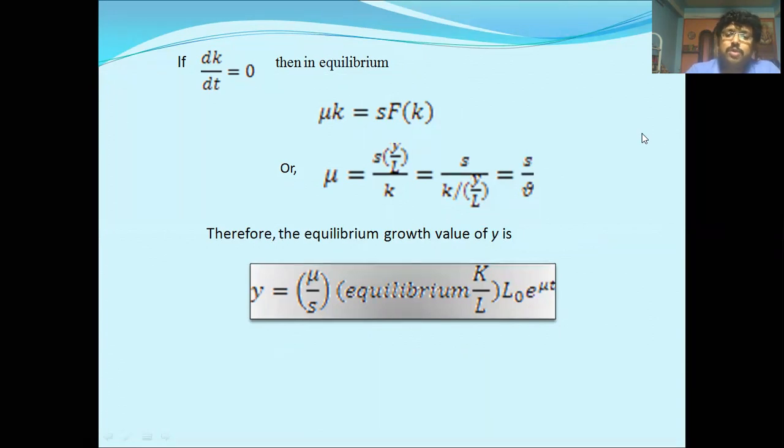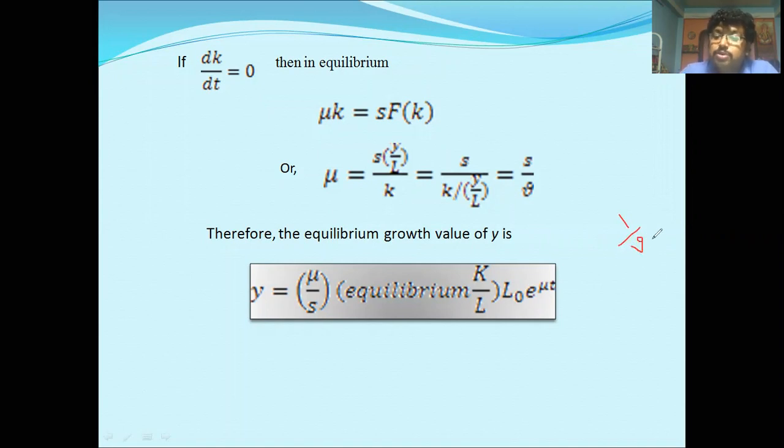Now, from this we can calculate the equilibrium growth value of Y. The equilibrium growth value of Y is mu by s multiplied by the equilibrium capital labor ratio and the total labor. What is mu by s? Mu by s is nothing but 1 by nu.